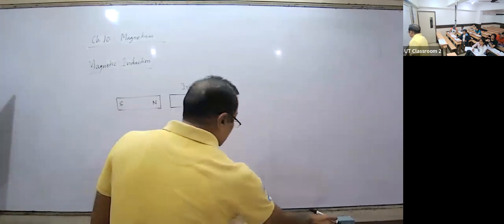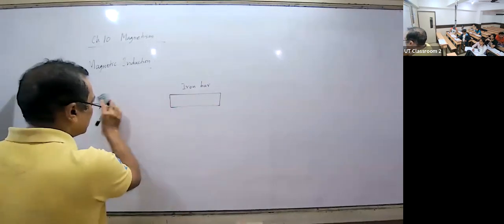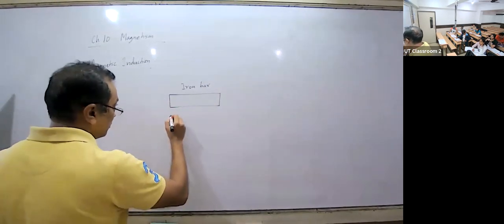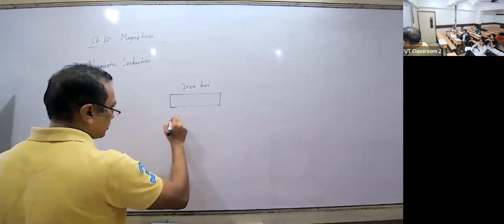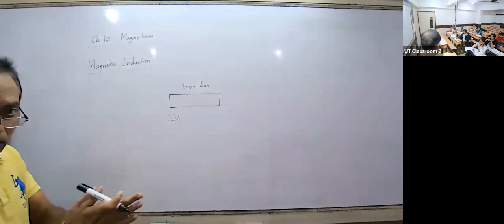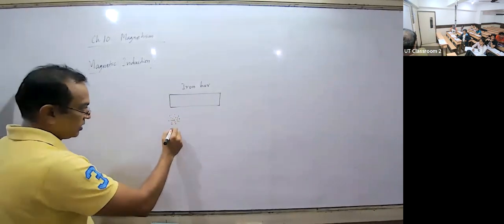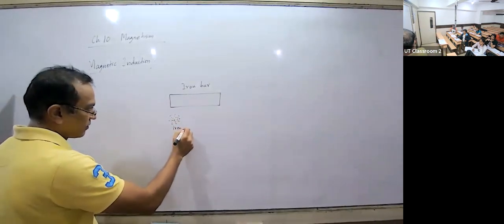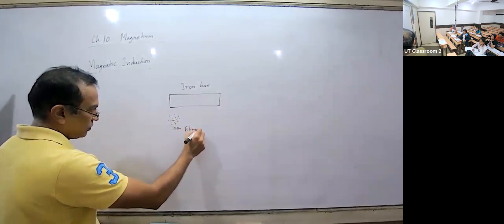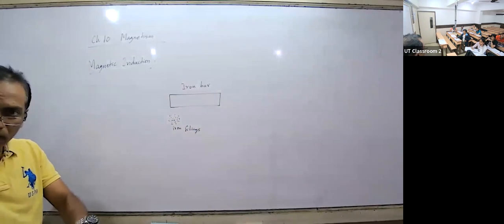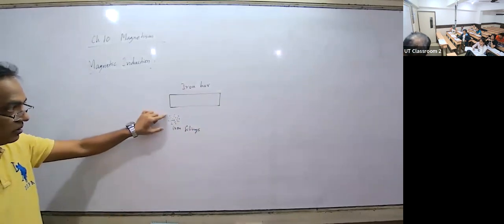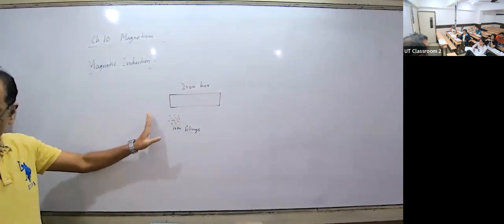The scene is we have an iron bar and we have some magnetic substance का powder, मतलब iron filings. ठीक है? So let's say this is iron filings. What is iron filings? If you file or rub any iron, this iron powder will be there.